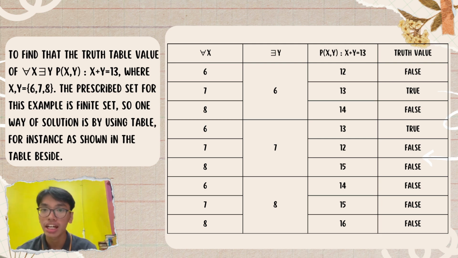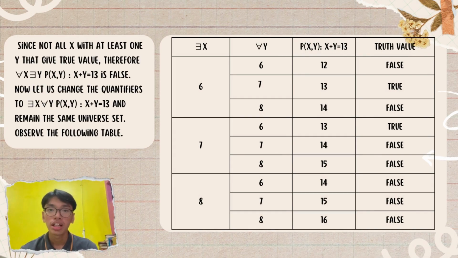As you can see, we substitute for all x and for some y with the numbers 6, 7 and 8. When we look at the truth values, we only got 2 true values, which is 13. Since not every x has at least one y that gives a true value, therefore for all x and for some y, P(x,y) such that x plus y equals 13 is false.